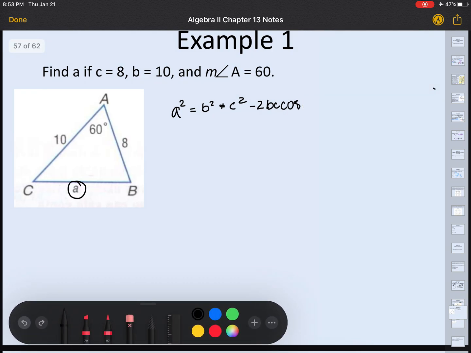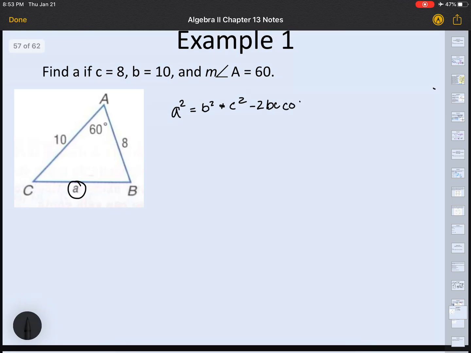Let me redo that. So, cosine of A. Okay, so let's plug in what we know. We don't know a yet. We do know side length b, which is 10, so 10 squared, plus side length c, which is 8 squared, minus 2 times side length b, which is 10, times side length c, which is 8, times the cosine of our angle A, which was 60 degrees.